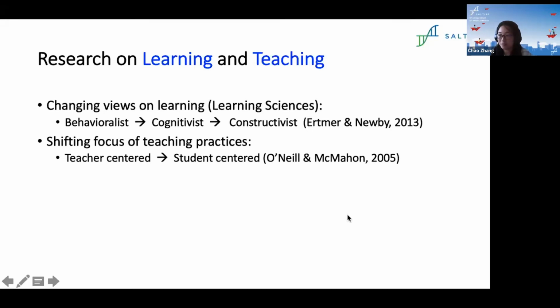So as Joe presented, this historical development of changing views on teaching and learning in both of the communities, in active learning, probably more populated with practitioners, and also the learning sciences, populated by the educational researchers. Myself, I also come from a learning science background.